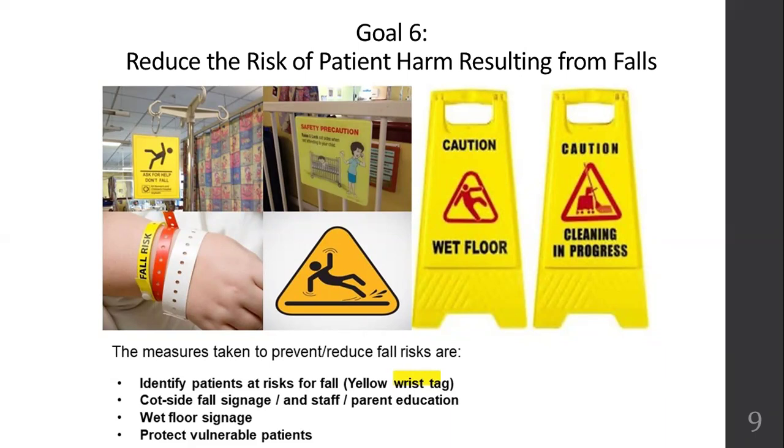For example, let's take the healthcare setting. Beds don't have side rails, or it's a slippery floor. Toilets and bathrooms don't have handlebars which the patient can grip onto. So that's the healthcare setting.